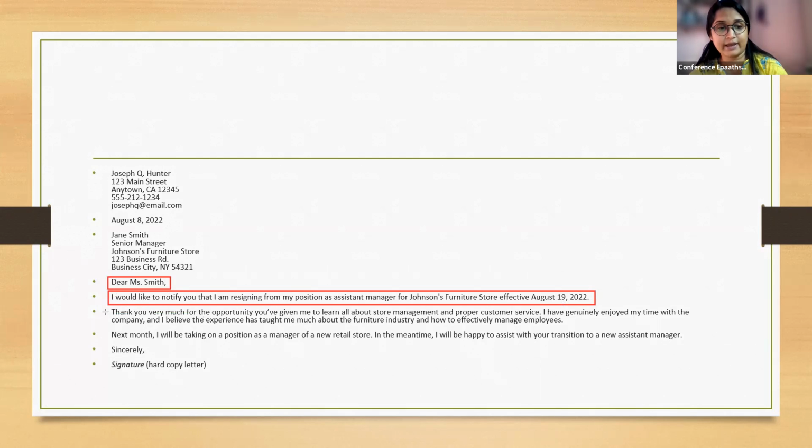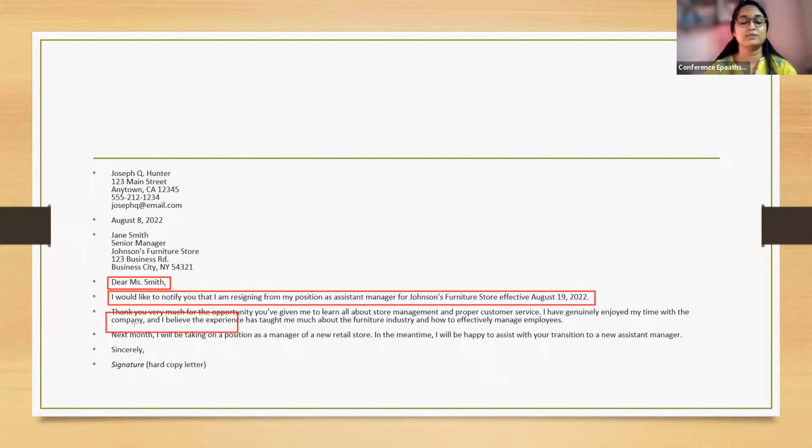Now there is a thank you note. Thank you very much for the opportunity you have given me to learn all about store management and proper customer service. I have genuinely enjoyed my time with the company, and I believe the experience has taught me much about the furniture industry and how to effectively manage employees.